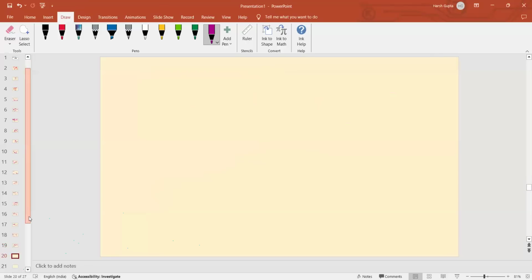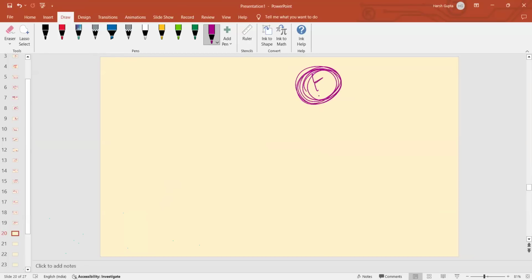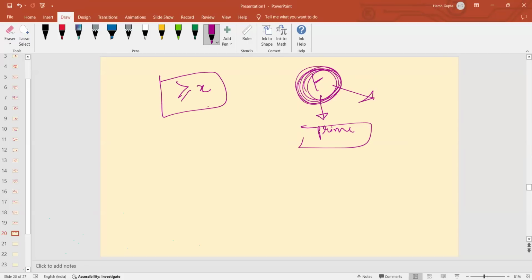So from here, what I think is that whatever factors this number y contains, it will contain factors because this is not a prime number. So whatever prime factors this number y contains, that prime factor should be greater than or equal to x. If that is possible, I can say that no factor is present in y that is lesser than x, because we know that prime factors can't be broken down further.